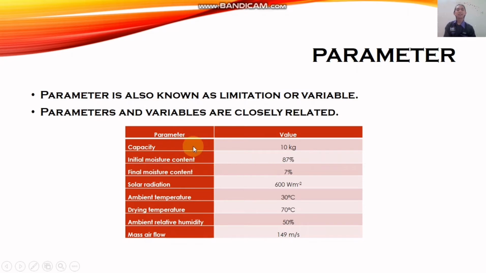So the capacity is 10 kilogram, the initial moisture content is 87%, the final moisture content is 7%, the solar radiation is 600, the ambient temperature is 30 degrees Celsius, the drying temperature is 70 degrees Celsius, the maximum drying temperature is 70 degrees Celsius, the ambient relative humidity is 50%, and the mass airflow is 149.